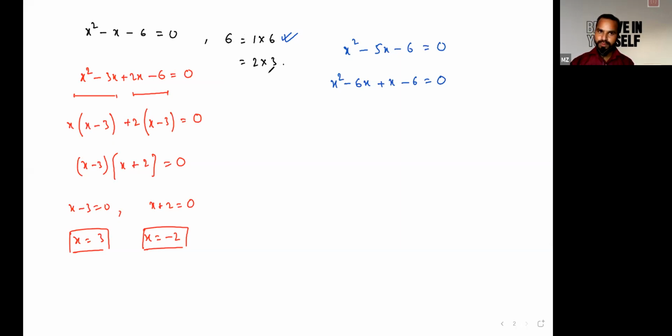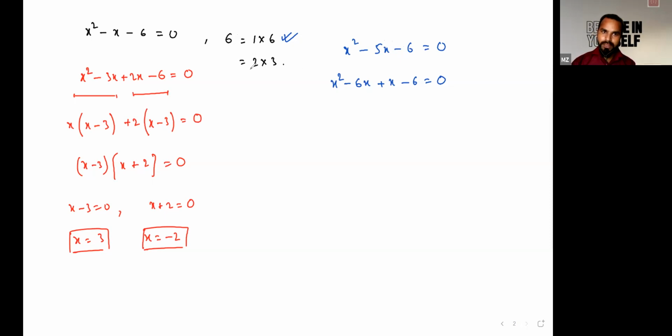Now, on the base of these 2 factors, just see the polarity of the constant term. We have a negative sign. If the constant term is negative, then arrange the factors of the product of A and C in opposite sign, which equals the middle term. This is the rule.